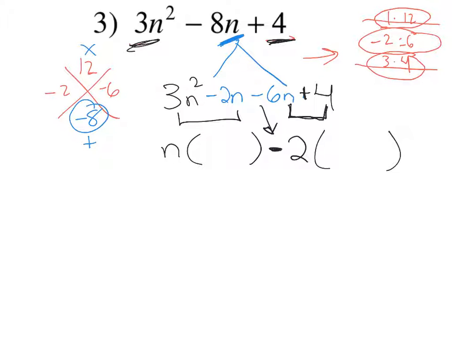So what are we left with? The first term, we're left with 3n minus 2. For the second set of parentheses, negative 2 times what gives us negative 6? Well, we're left with negative 3n. Notice it was a positive 4, but you factor out a negative, so that's going to change the sign there.